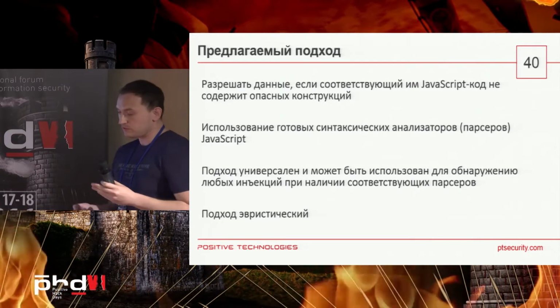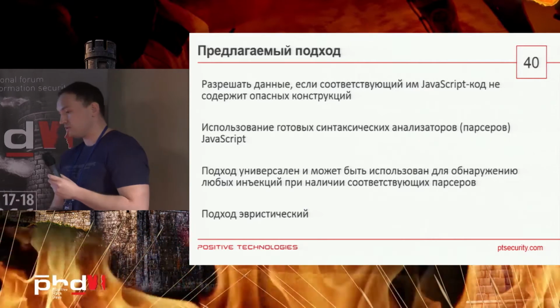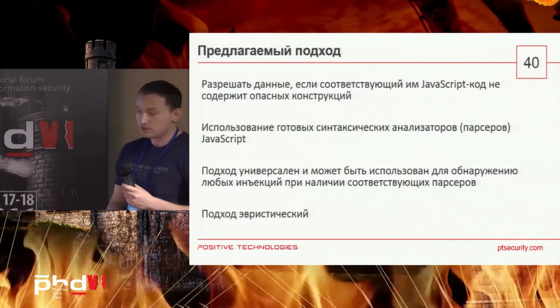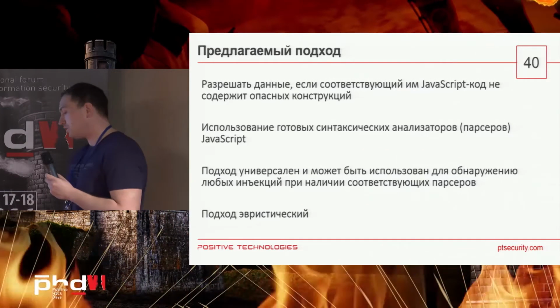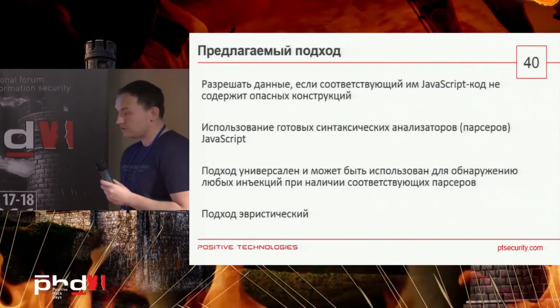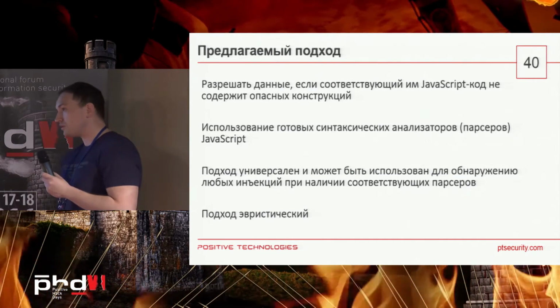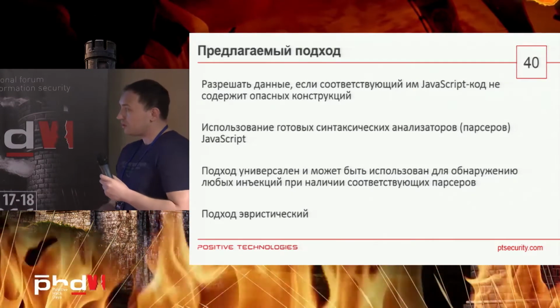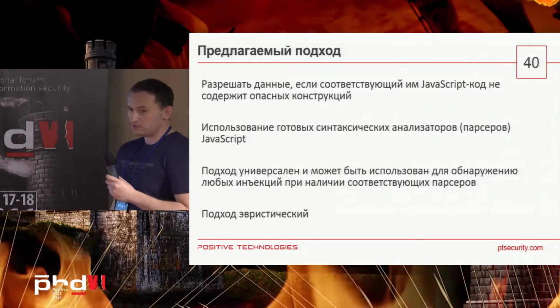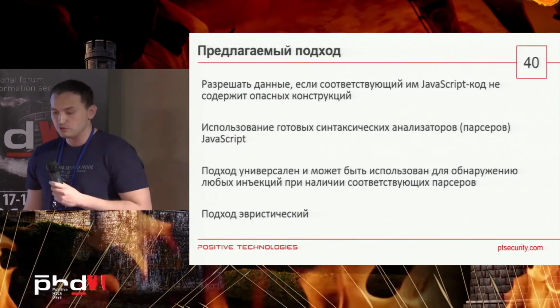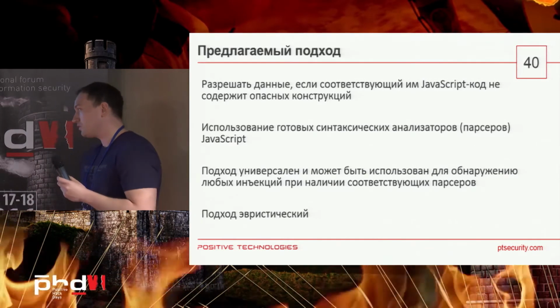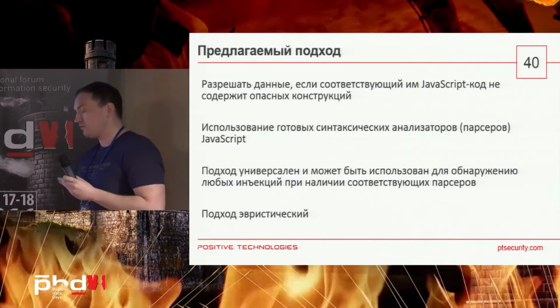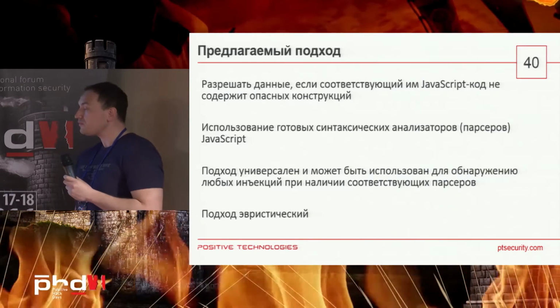So there's some string. We need to build a decomposition tree, and then look for some dangerous or malicious constructs there. If such constructs are found, we need to ban this data, and if they're not, then we need to allow this data. Of course, this is a heuristic approach. It's not a stringent method like DOMPurify.